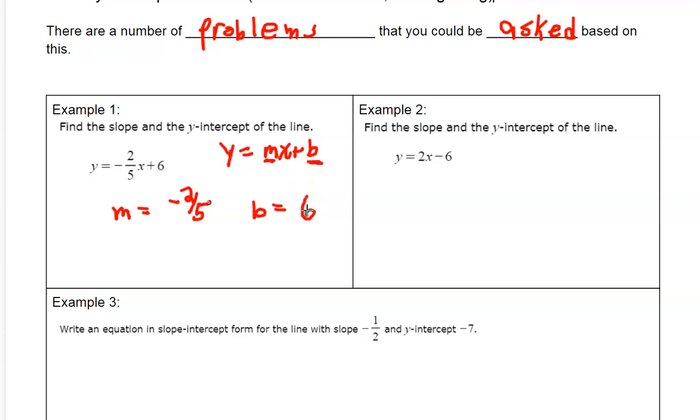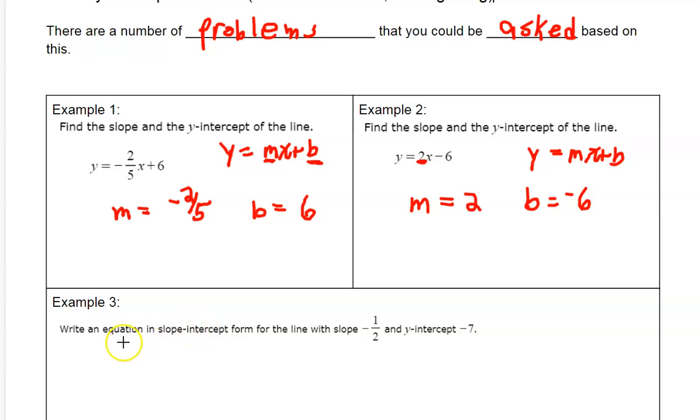Example 2, find the slope and the y-intercept of this line. Again, y equals mx plus b. Here, slope is going to be +2. In this case, because it's -6, the y-intercept is going to be -6. Okay, so far so good.